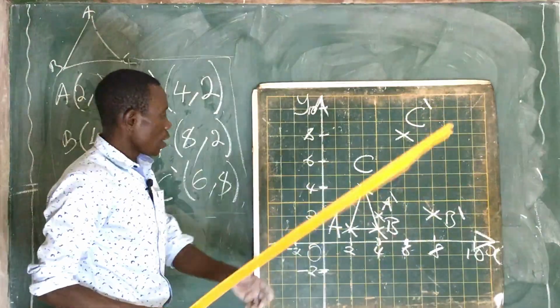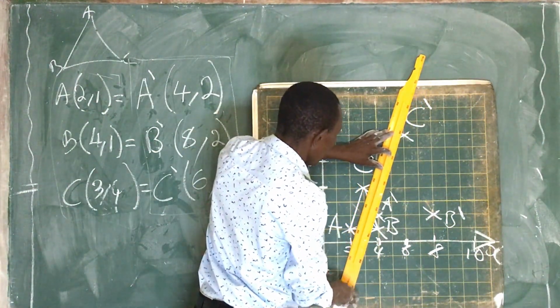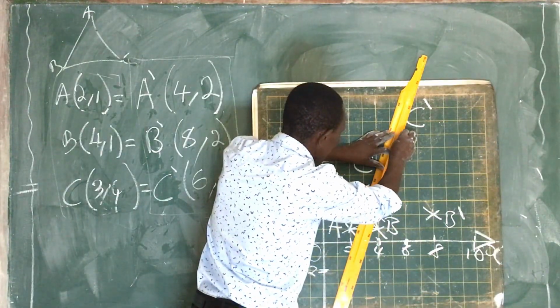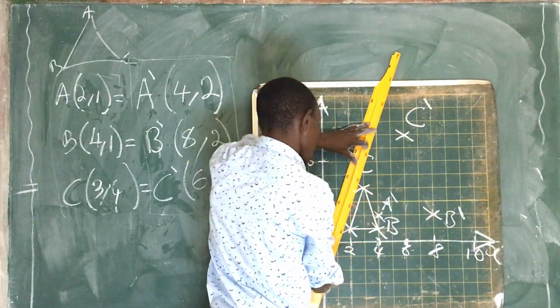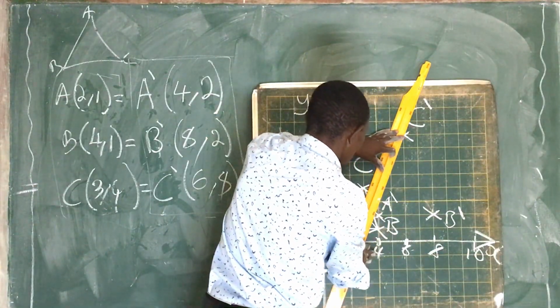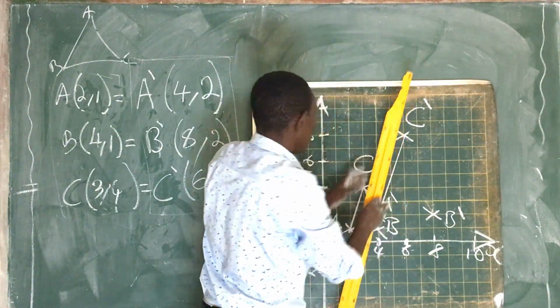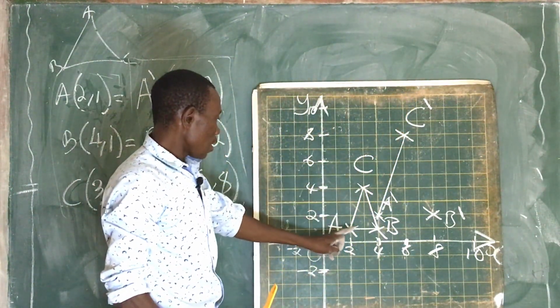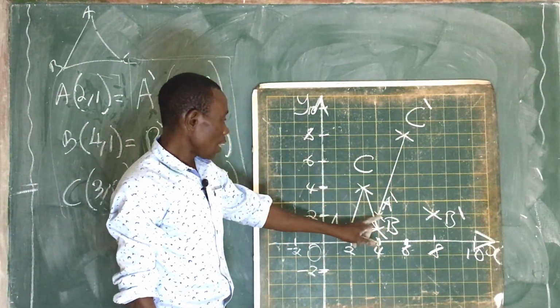So let's see the shape in terms of the image. Now, side C, A will be C prime, A prime, coming something like this. So you can see C, A is now C prime, A prime.